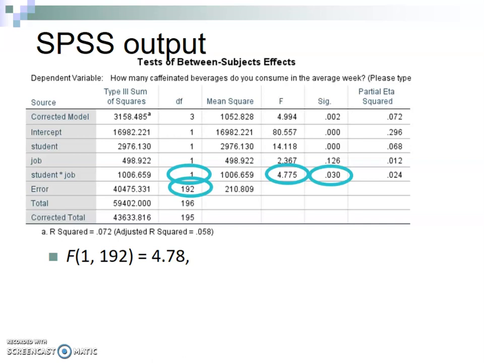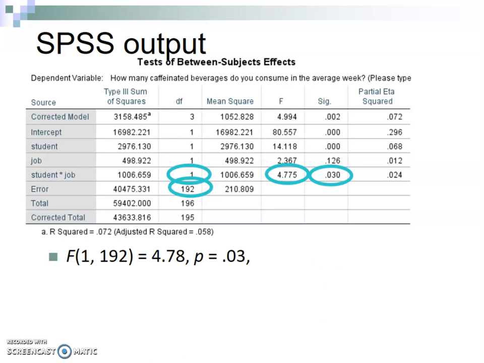And then here we have our p-value, which is labeled SIG on SPSS for some reason. We will actually just report the actual value for this p. Ideally with APA style, if you can report the actual value for p, you go ahead and report it. So we're going to say p is equal to 0.03.